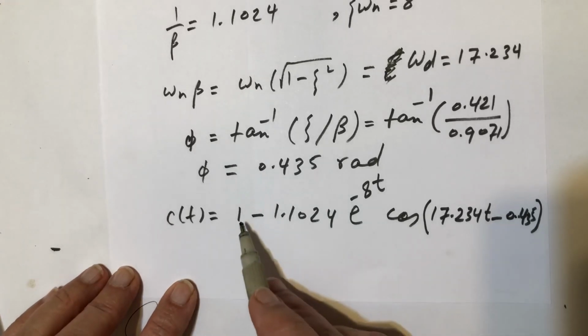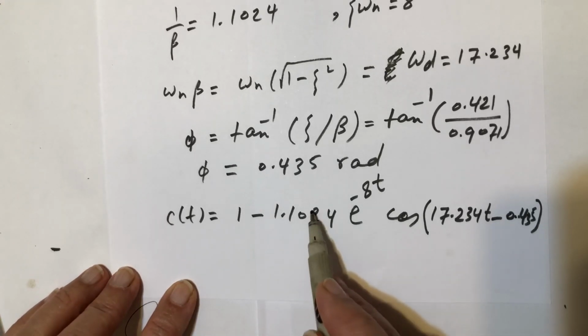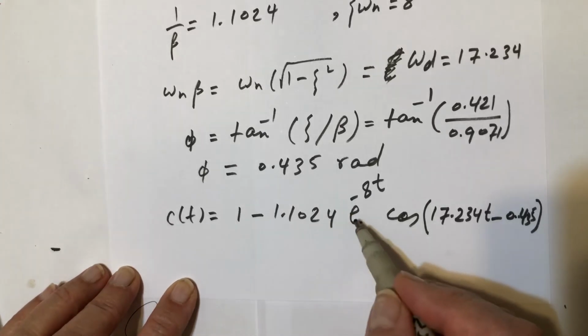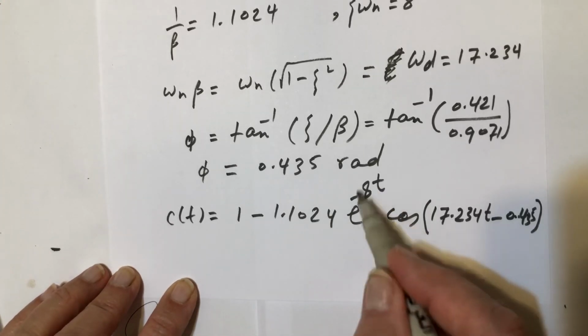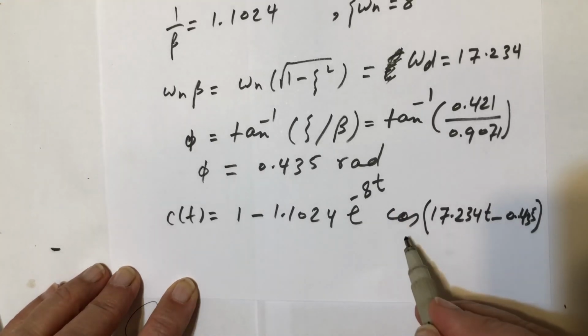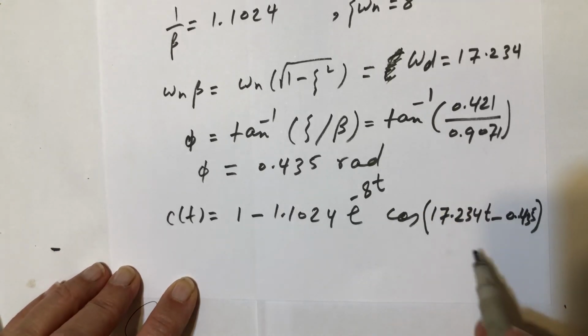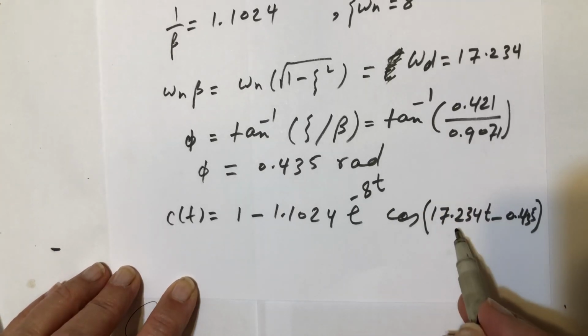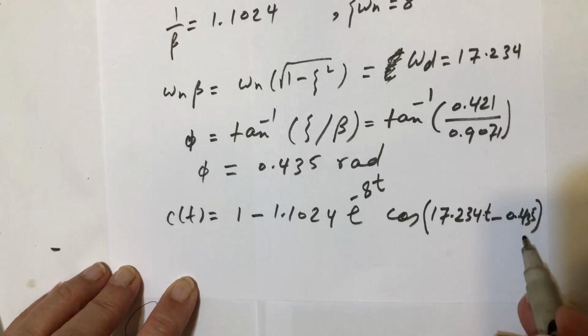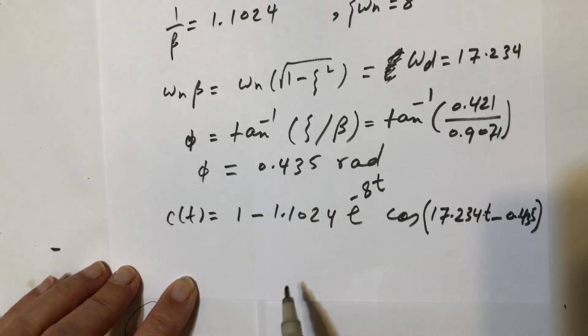So it's 1 minus 1.1024 e to the minus 8t cosine of omega d, 17.234 t, minus phi. Phi is here, as I found it.